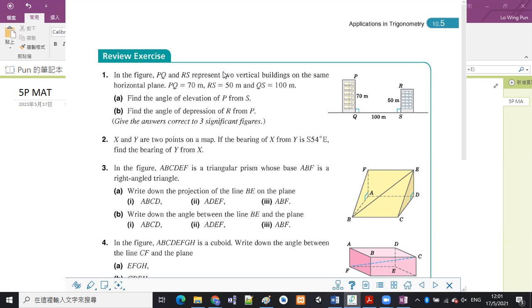Angle of elevation is that I am looking at something which is higher than me. My eyes are looking at some other object, which is located higher than me.